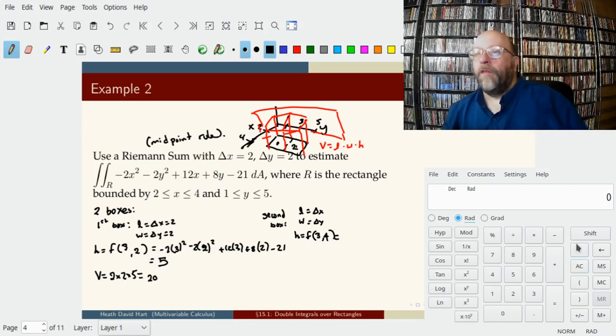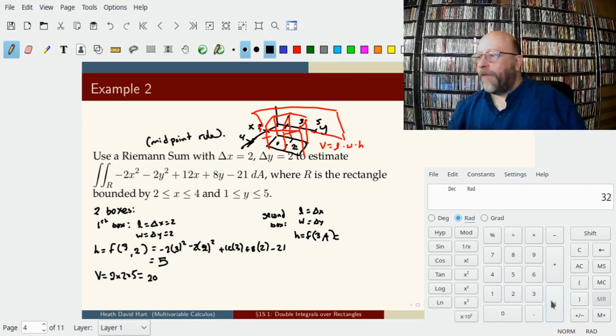All right, so we start out with negative 2 times 3 squared. That's negative 18. And then we take negative 2 times y squared. So negative 2 times 4 squared is negative 32, so we're going to subtract 32 this time. Then we're going to add 12x, so that's plus 36. And then we're going to add 8y. 8 times 4 is 32.